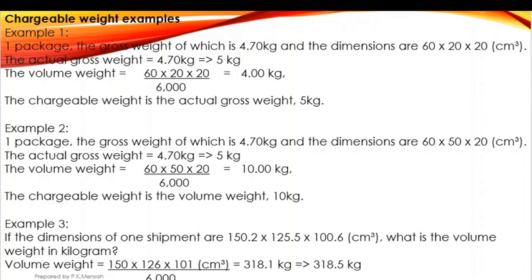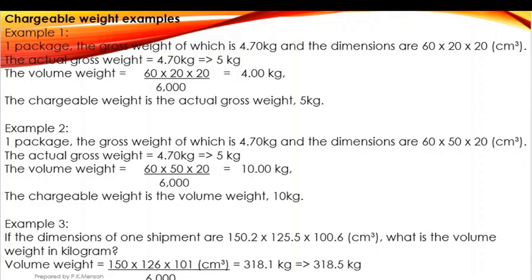Let's do the calculation. The next one you're going to do yourself. So I'll come around. We have 60 times 20 times 20, divided by 6,000, right?